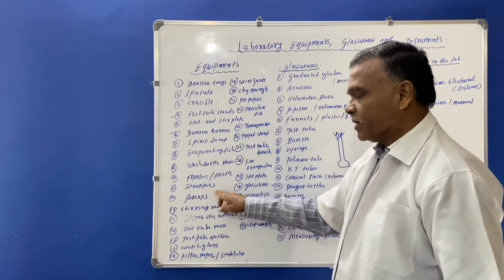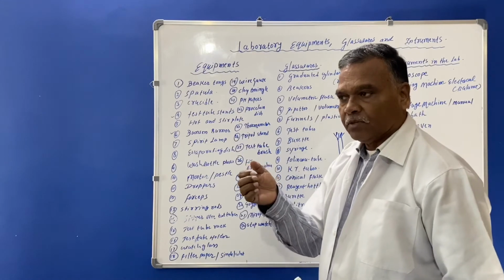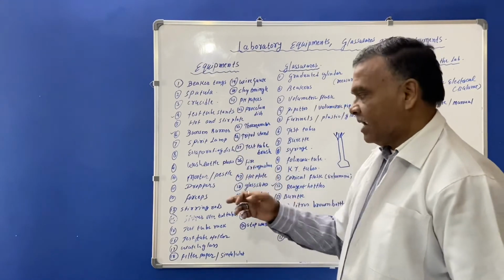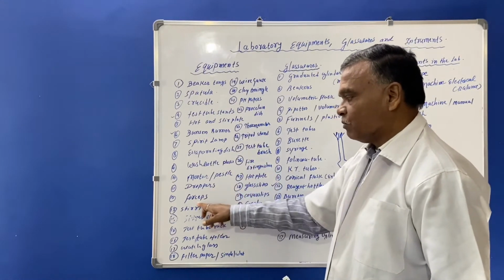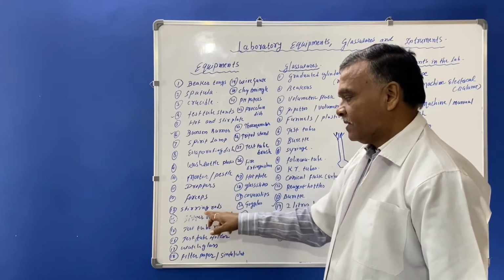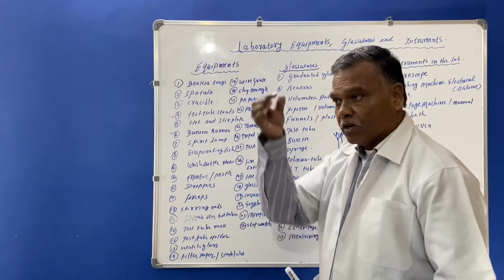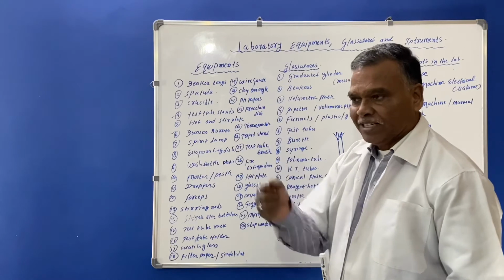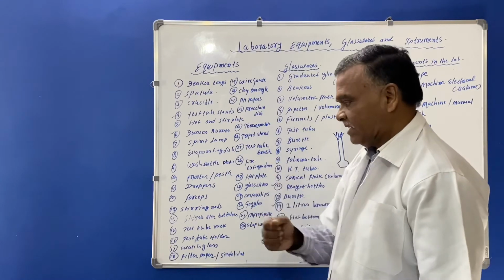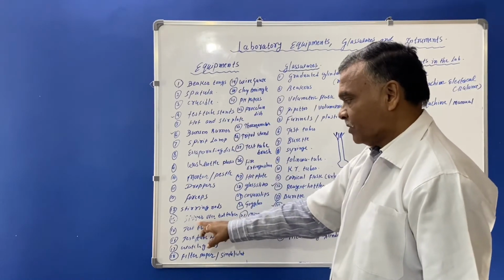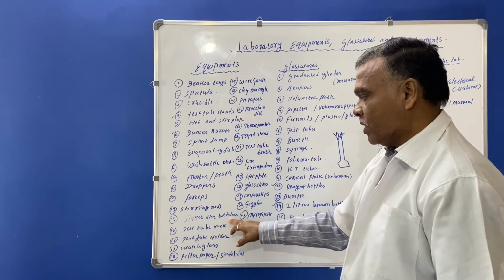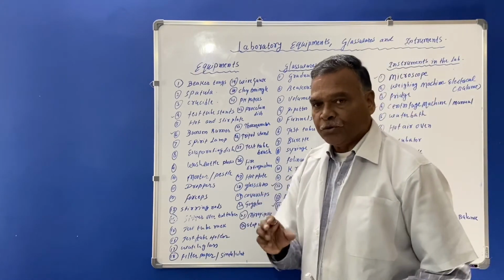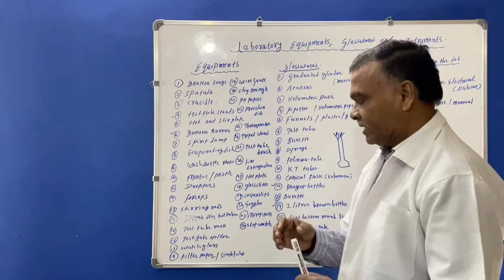Then droppers. Some droppers are made of plastic and some are made of glass. Forceps are also used. Stirring rods are made of glass and used for stirring. Then stoppers are used to keep on the test tubes.